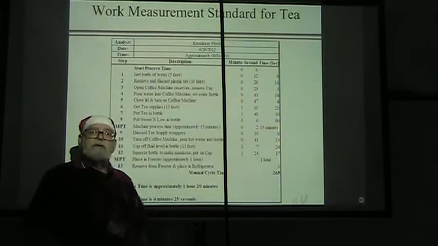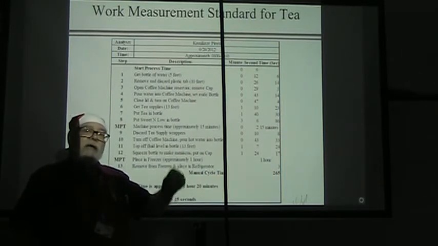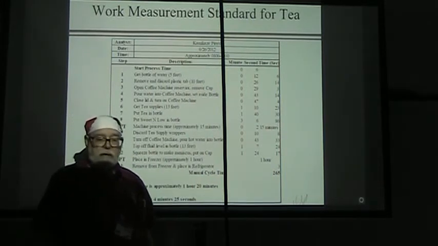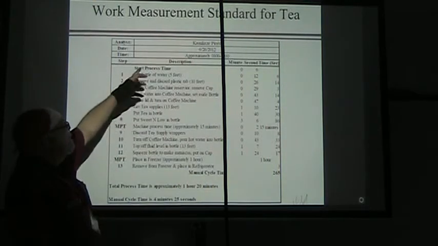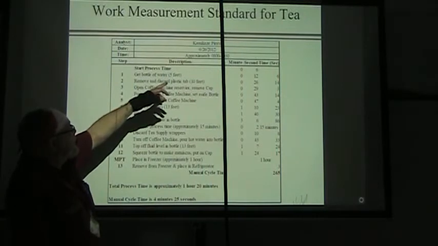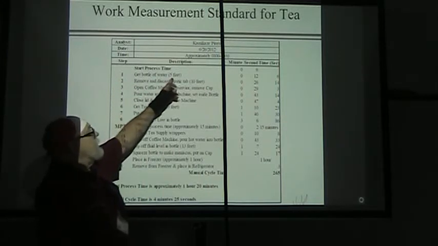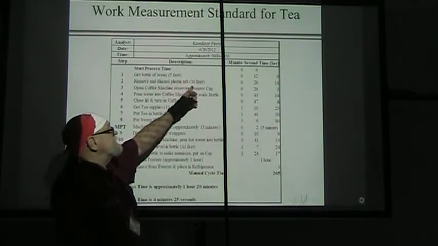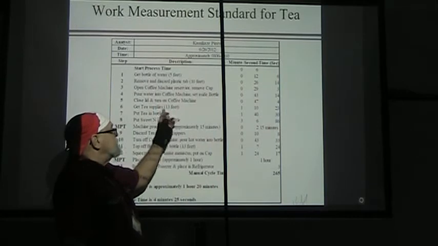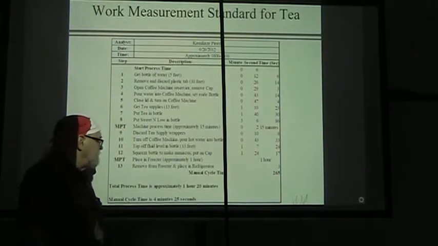All right, so here is the work measurement standard for making the tea in that manner. Okay, so I've got the analyst, the date, the time, and one thing I put in is what is the distance that has to be traveled to make each of these things happen, right?